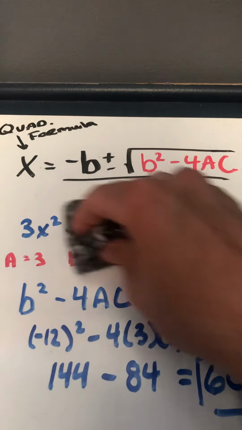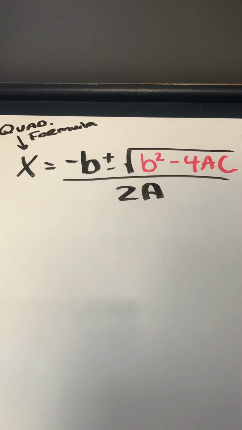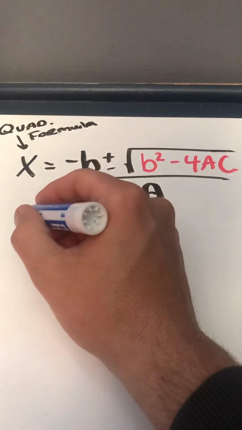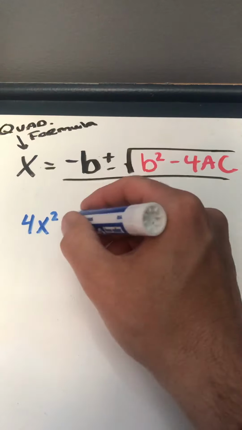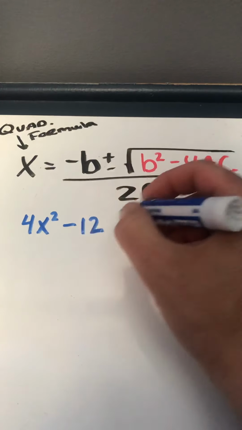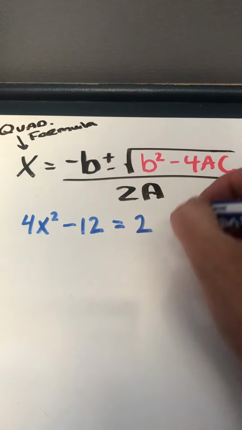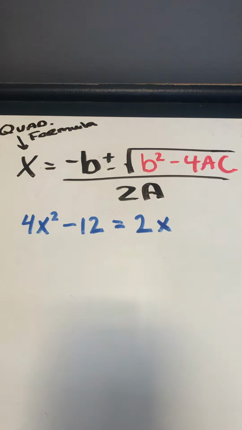I'd like to give you one more example. This example I'm going to use now will look a little bit different. We'll start with 4x squared minus 12 equals 2x. In this case, step 1 is not done. We need to arrange this in standard form.